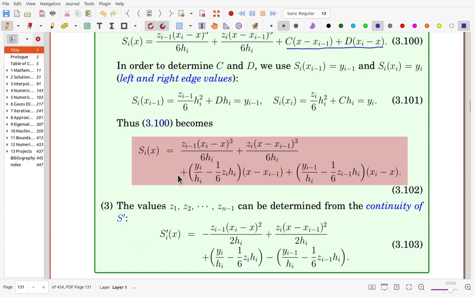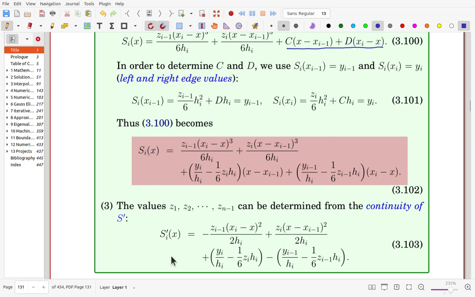So Si can be obtained by using this formula. Now we have to decide the z values. Among the z values, z1 to zn-1 can be decided from the continuity of S prime.